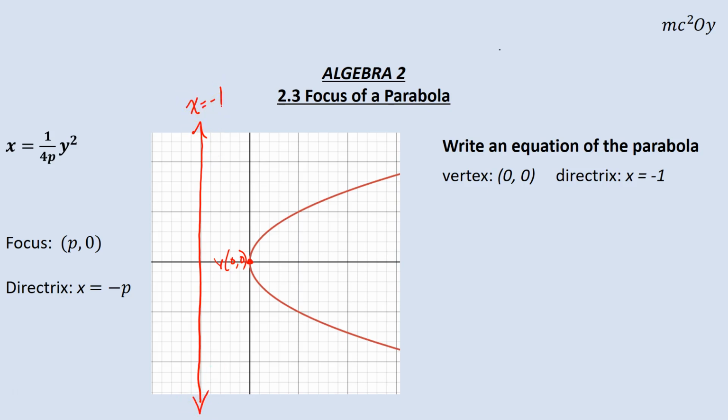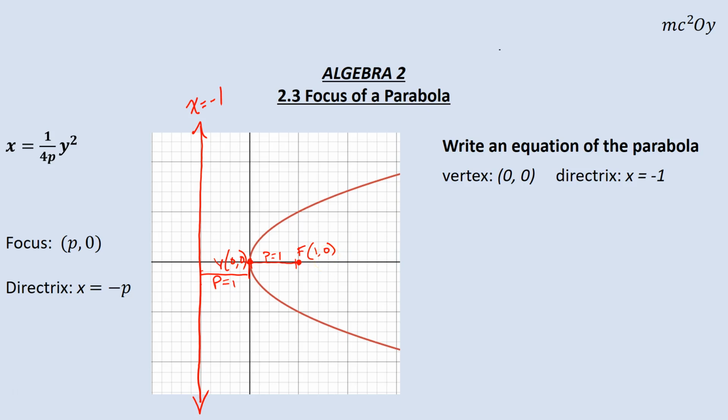Notice my vertex is 0, 0 and the directrix is x equals -1. That means my focus has to be the same distance away. So since this is a length of p equals 1, I've got to go this way 1 unit, same distance. So my focus is right there. I have 1, 0 for my focus.